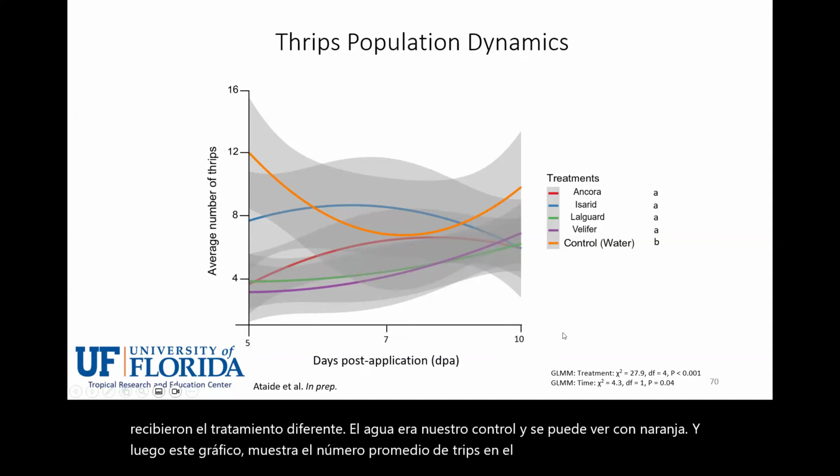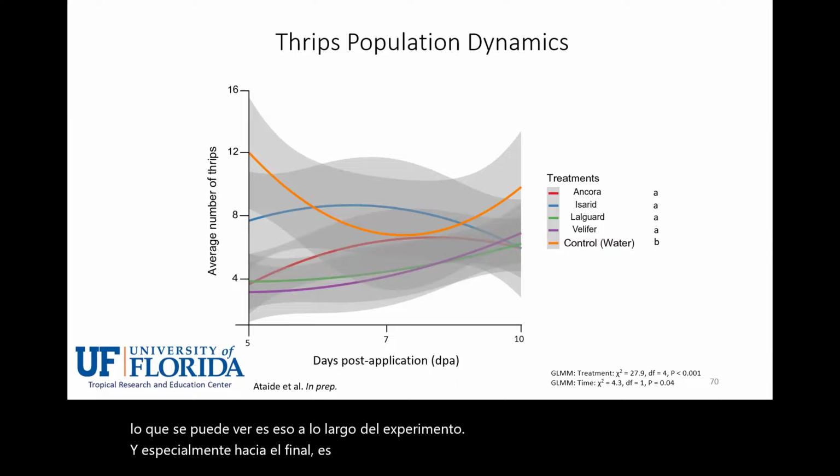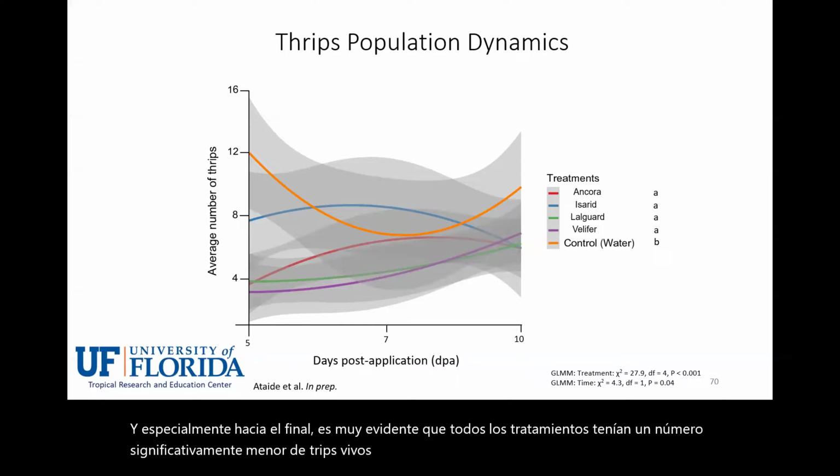And what you can see is that throughout the experiment, and especially towards the end, it is very evident that all the treatments had significantly lower number of live thrips on the plant in comparison to the water control.